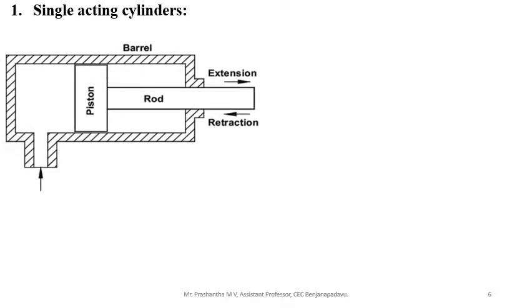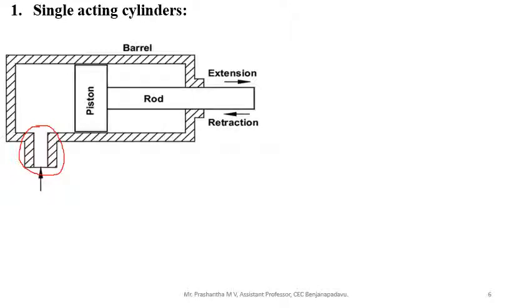As the name implies, the cylinder consists of only one port or only one flow path. Look at here, it has only one path through which the fluid goes in and out through the same port.